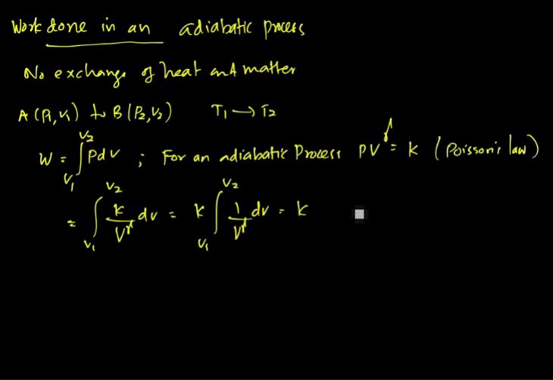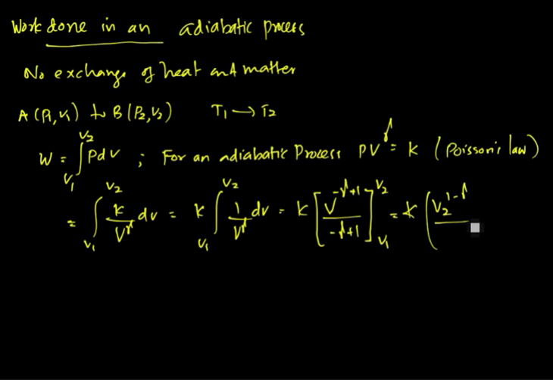The integral of V raised to minus gamma is V raised to minus gamma plus 1 divided by minus gamma plus 1, from V1 to V2, which is equal to K into V2 raised to 1 minus gamma divided by 1 minus gamma, minus V1 raised to 1 minus gamma divided by 1 minus gamma.